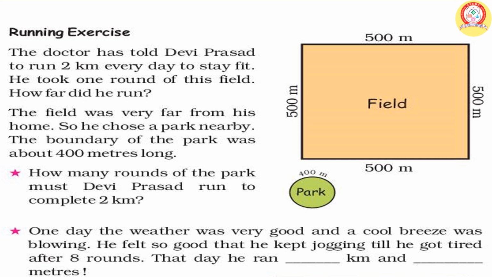The boundary of the park is about 400 meter for one round. So how many meters for 8 rounds? For that, children, 8 into 400, you will get 3200 meter. Okay children. So 3200 divided by 1000, we will get 3.2 kilometer. Did you understand children?